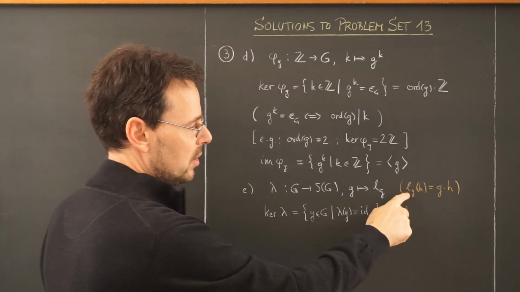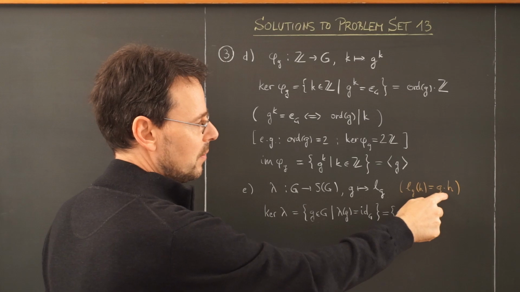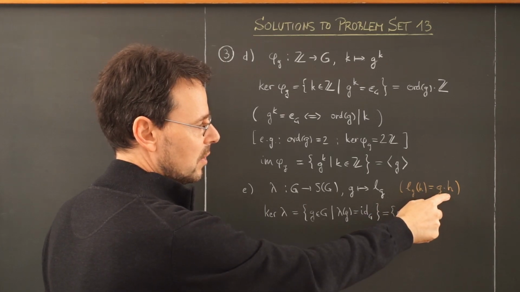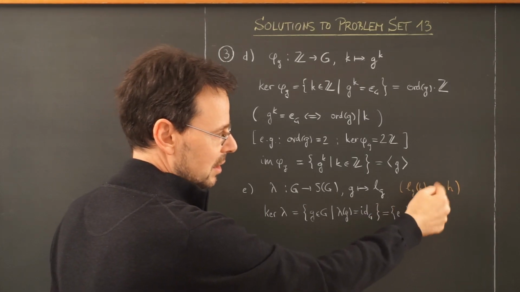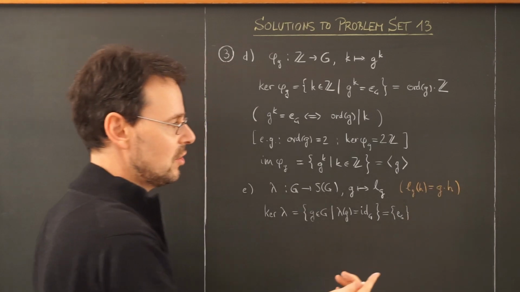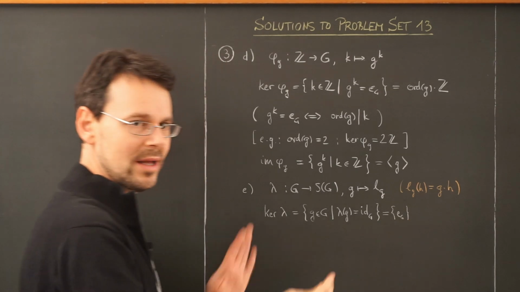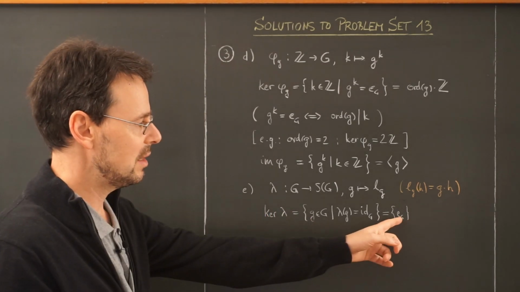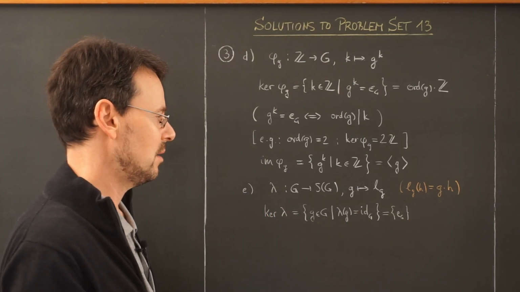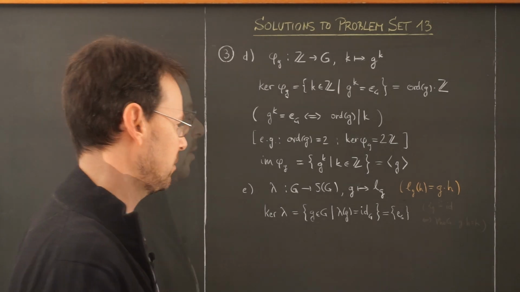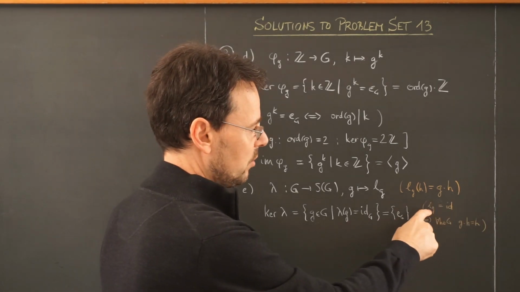But now think about it. When is this map here the identity? If and only if it does nothing to all the h's. So what is the only group element that does nothing when multiplied from the left? Well, clearly this is only the identity. Only the identity can fulfill this. Maybe here again this argument.